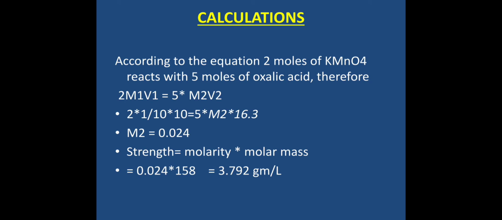Therefore, 2 M1V1 is equal to 5 M2V2. Here M1 is the molarity of KMnO4, and V1 is 16.3 ml. On the right hand side, M2 is the molarity of oxalic acid, 1 by 10, and V2 is the volume of oxalic acid, 10 ml, as found from the burette reading.